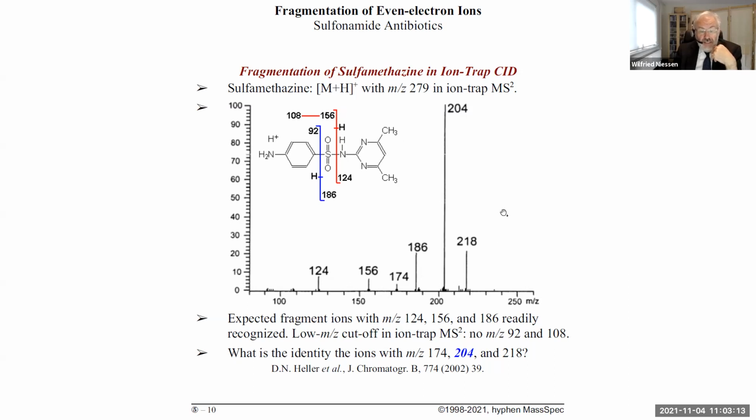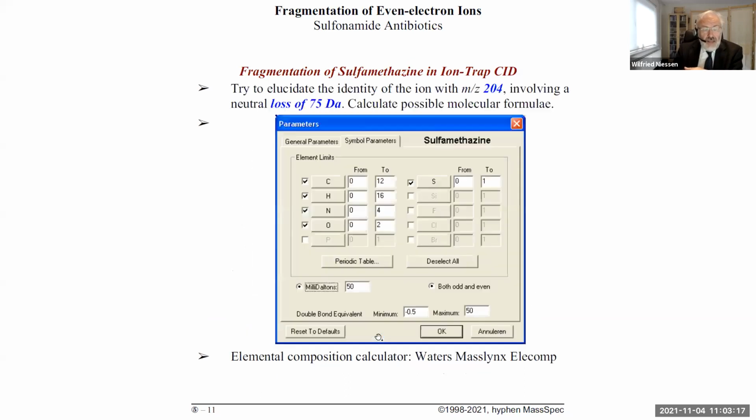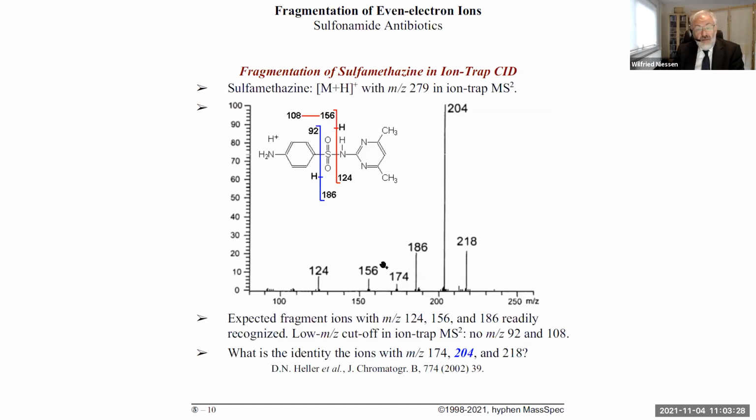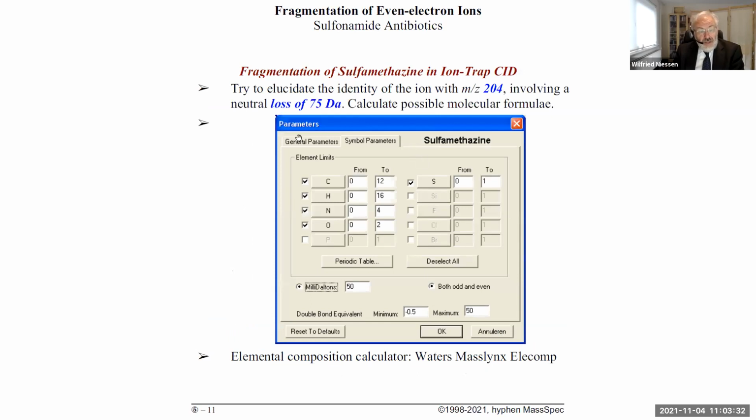When I see these weird things, and these are very old data, so there were no accurate mass data available yet, I start trying to calculate the possible elemental compositions for the loss of 75, which is basically from the 279 to the 204, based on the elemental composition of the original compound.